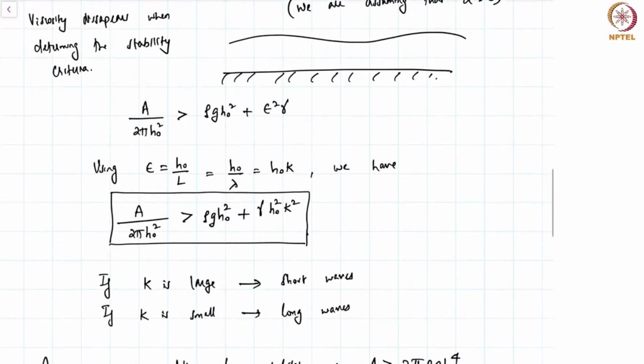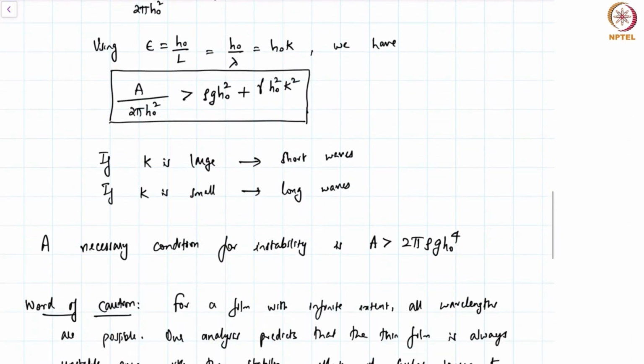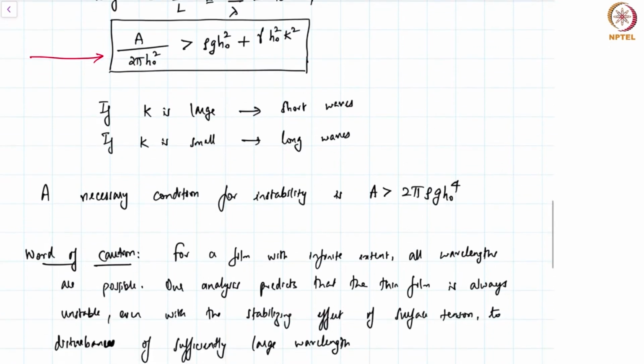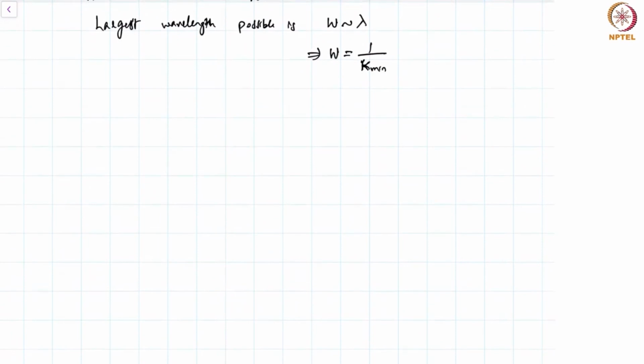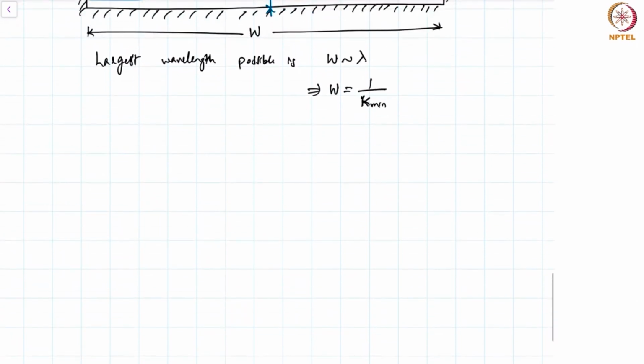So now over here, I have an expression involving A and k on the right hand side. Wherever there is k, I can substitute a k minimum. But we also recognize that k minimum is W inverse.